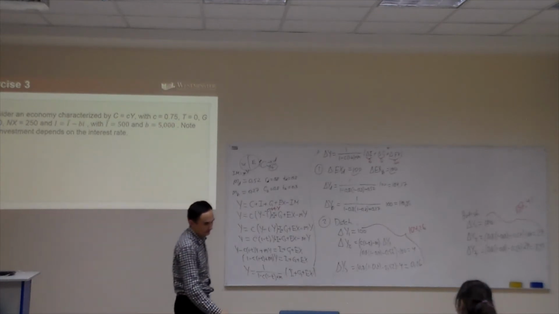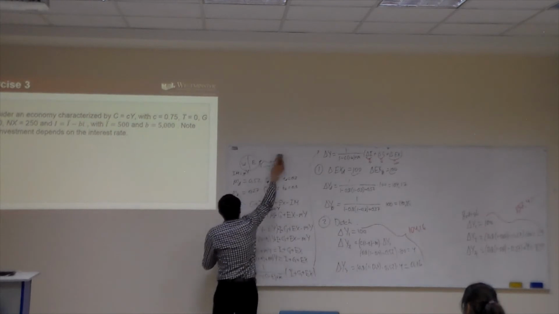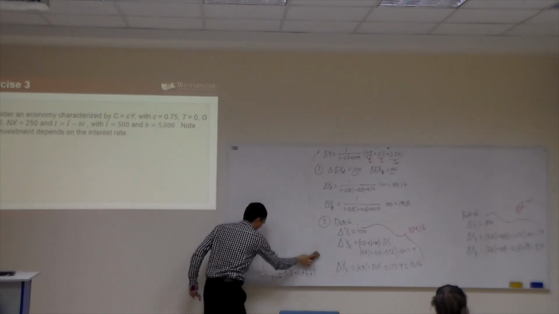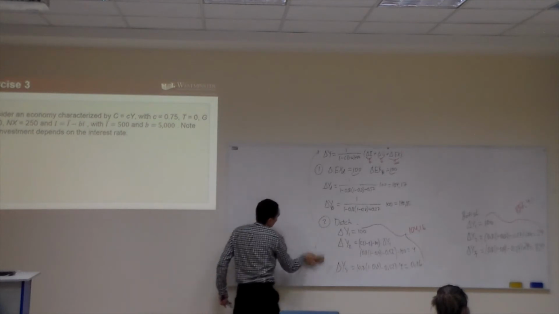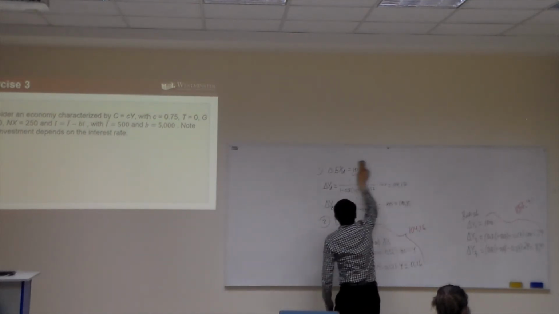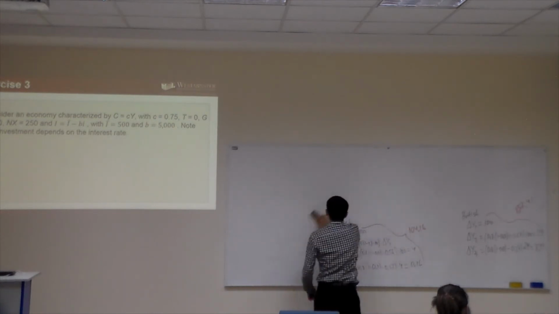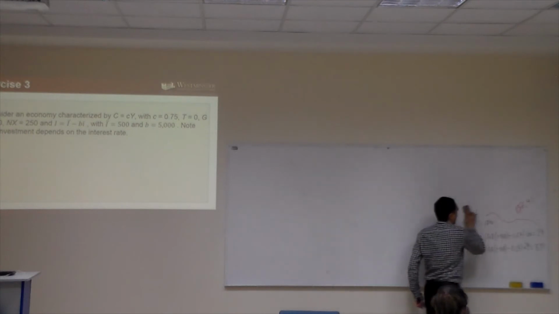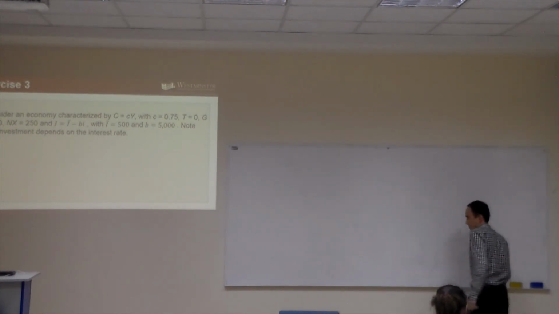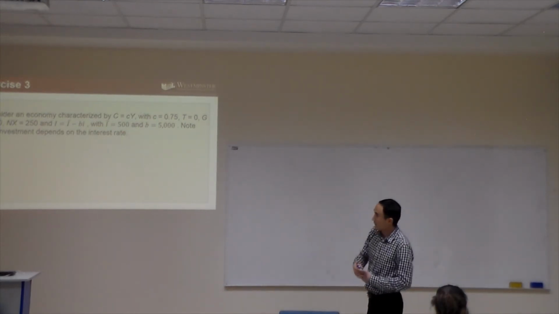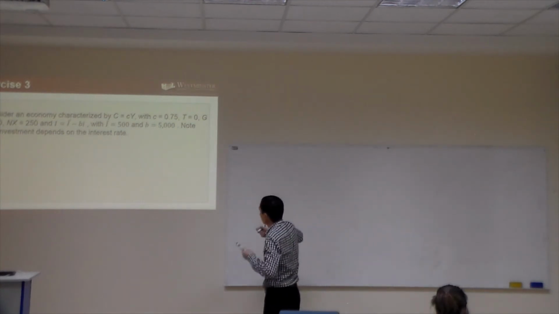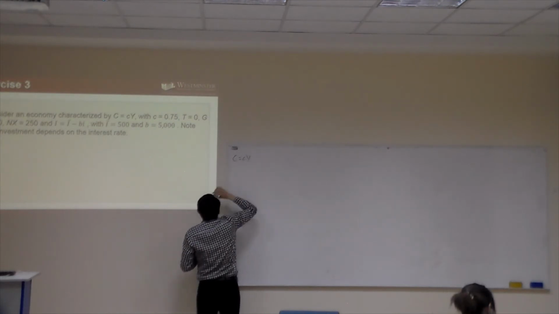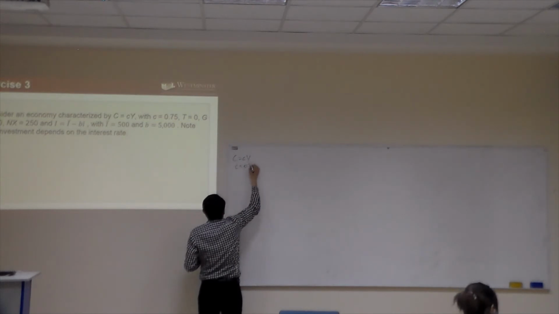Now I'm erasing it. Okay, now again we have an economy with given statistics, where consumption is equal to marginal propensity to consume times output, and our marginal propensity to consume is 75%.